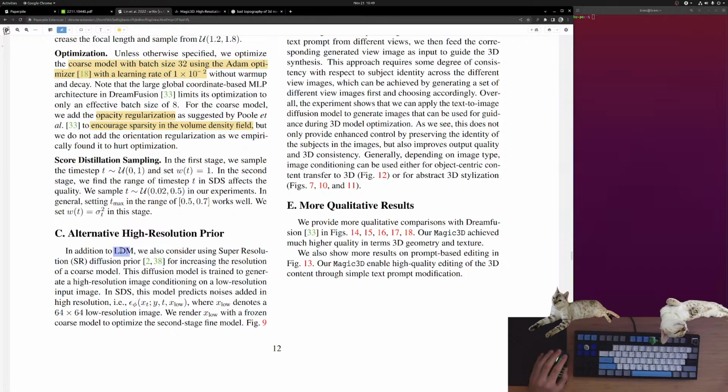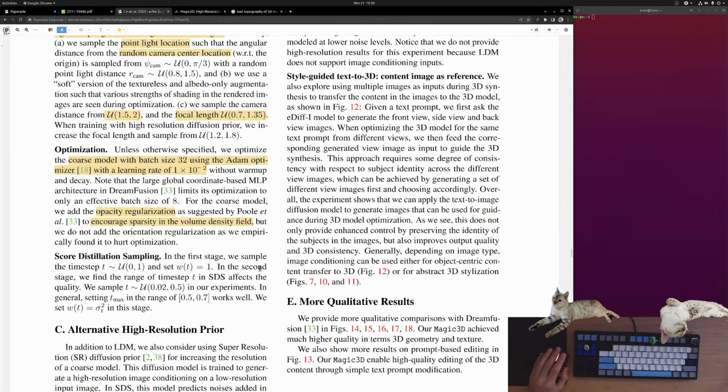In addition to the latent diffusion model, we also consider using super resolution diffusion prior. We render x_low with a frozen coarse model to optimize the second stage fine model.